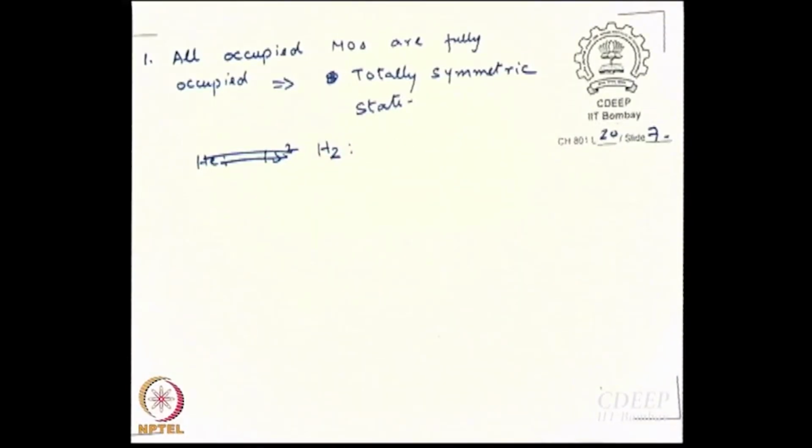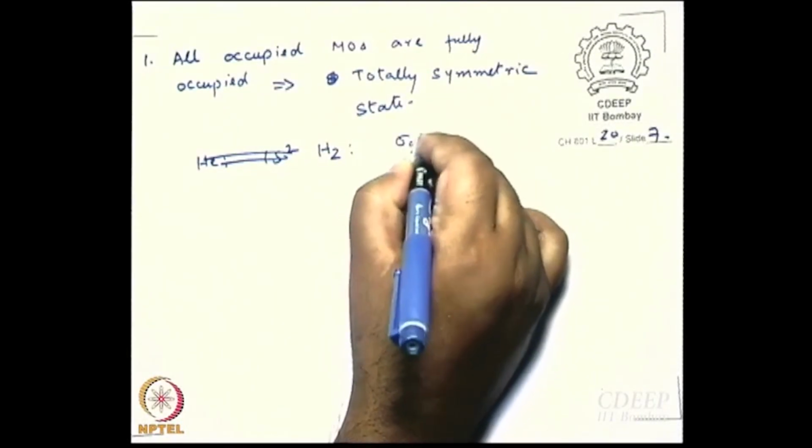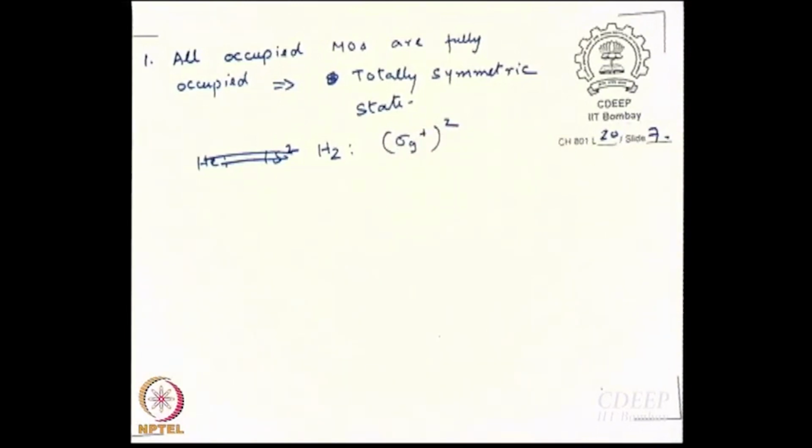H2, not helium. Sorry, extremely sorry. H2. Sigma g plus 2. So all occupied orbitals are fully occupied, right?